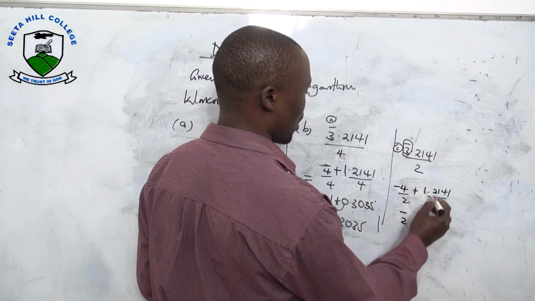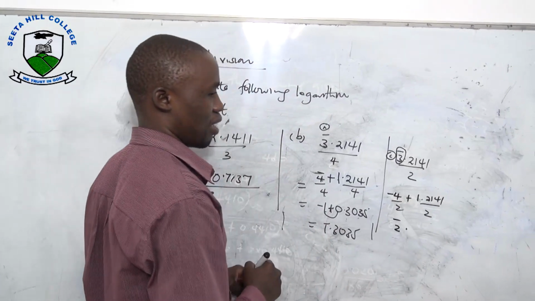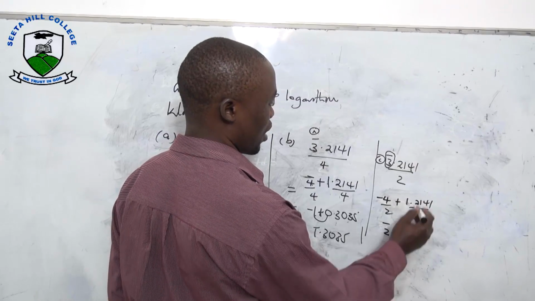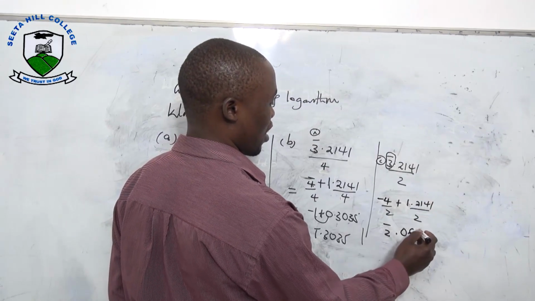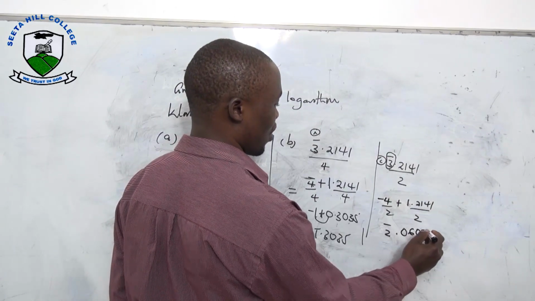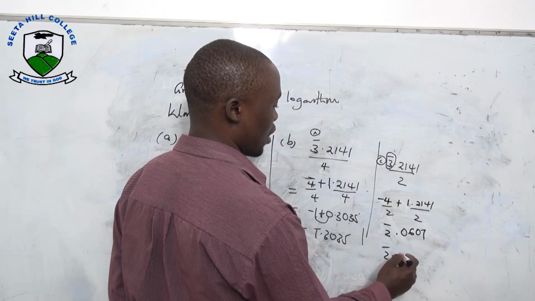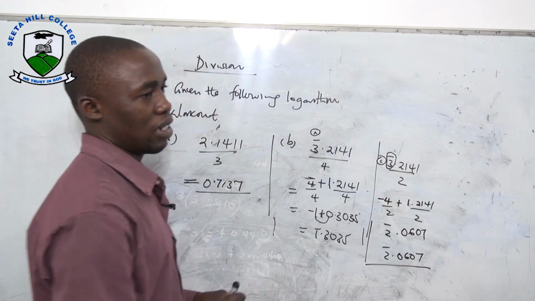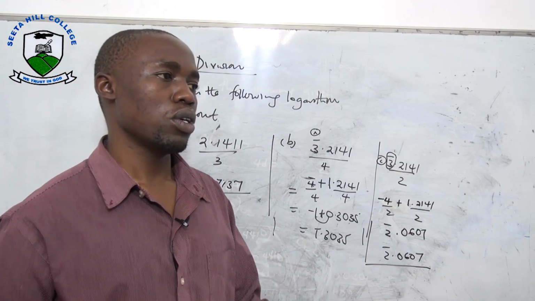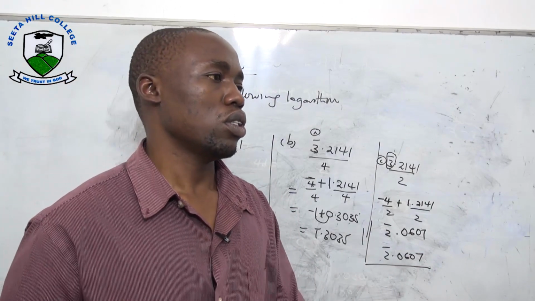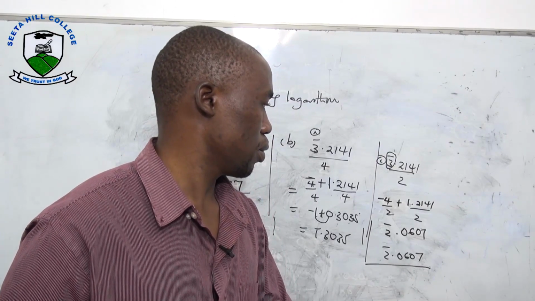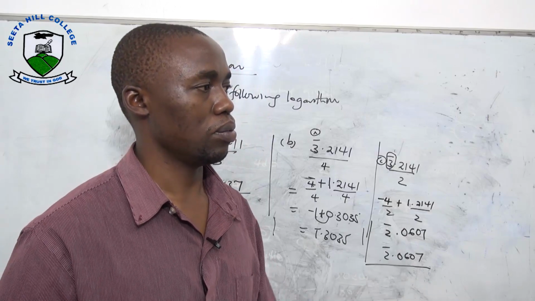That's now what? Negative 0 point what? 0.607. That gives us this. Not so? Yes. Wonderful. You deserve 10 billion hand claps.